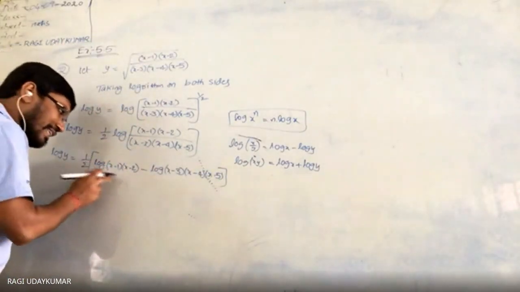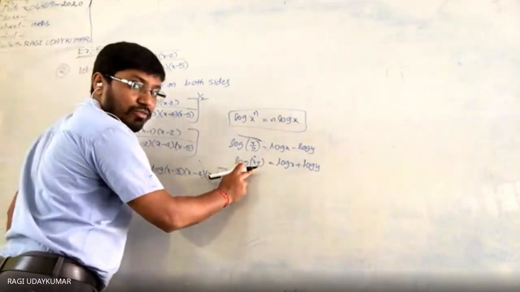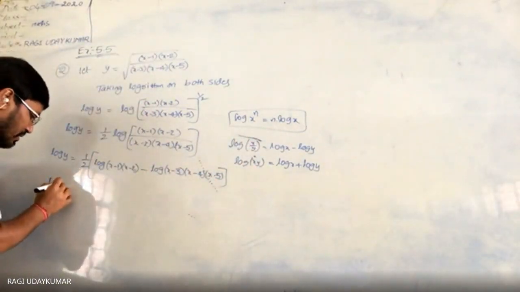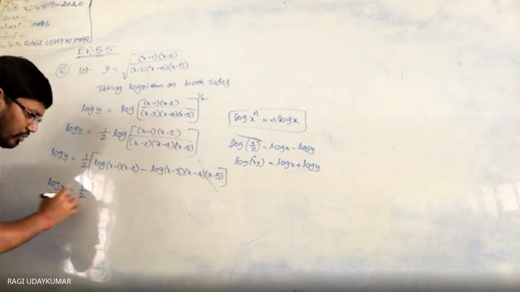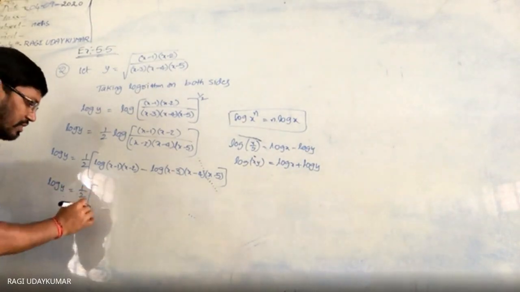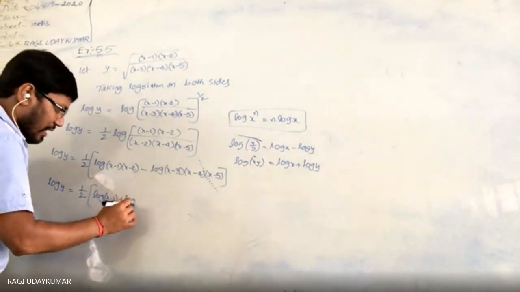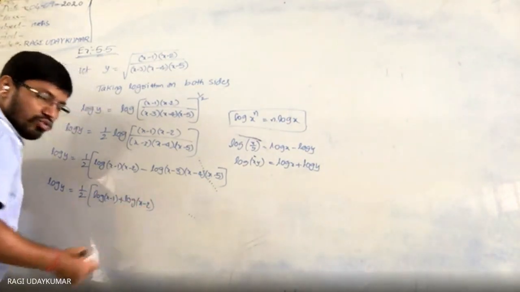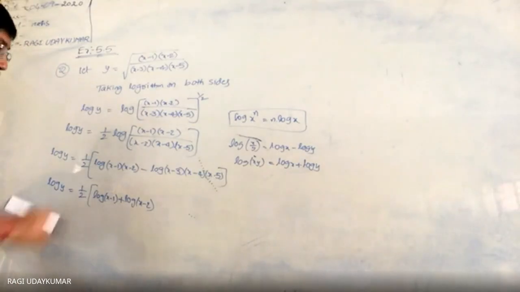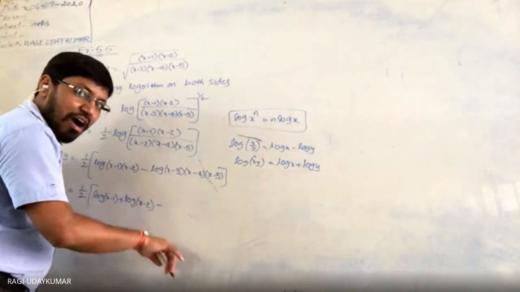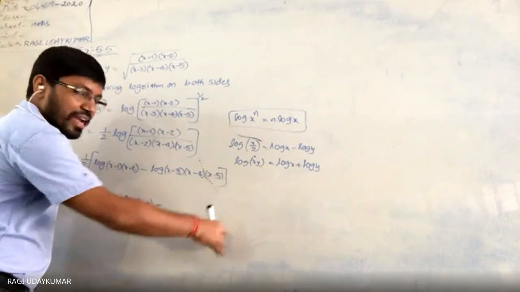Now this one is again in this form, log xy. So it can be written in the form of a sum. Log y is equal to 1 by 2 of logarithm of x minus 1 plus logarithm of x minus 2. Here most of the students will make a mistake. Minus half, because you need to write in the brackets.